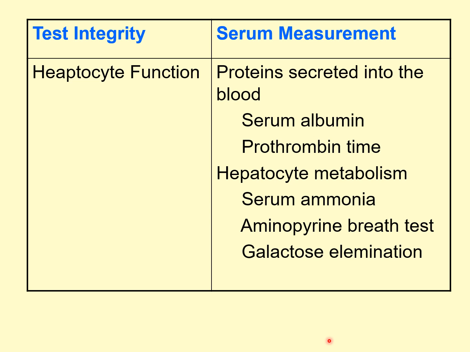Then serum ammonia is increased in acute fulminant hepatitis, cirrhosis and hepatic encephalopathy; the plasma ammonia level will be increased. Then there are the aminopyrine breath test and galactose elimination test. These are minor tests we can perform, but they are rarely done.